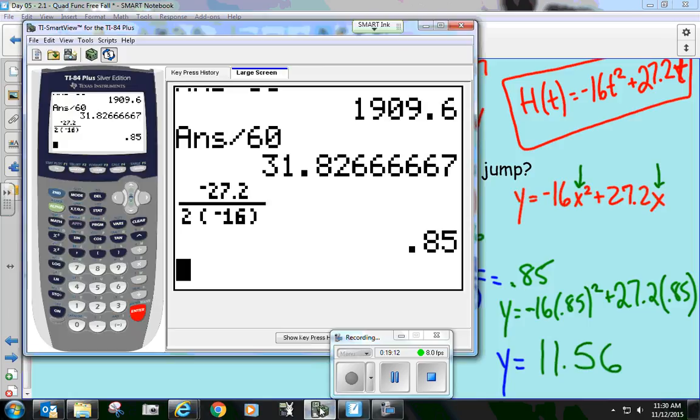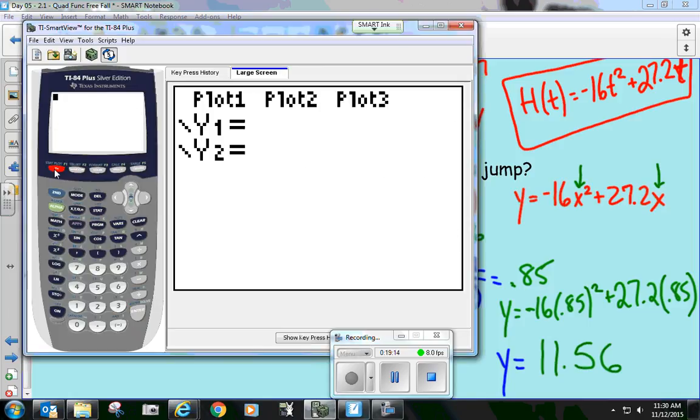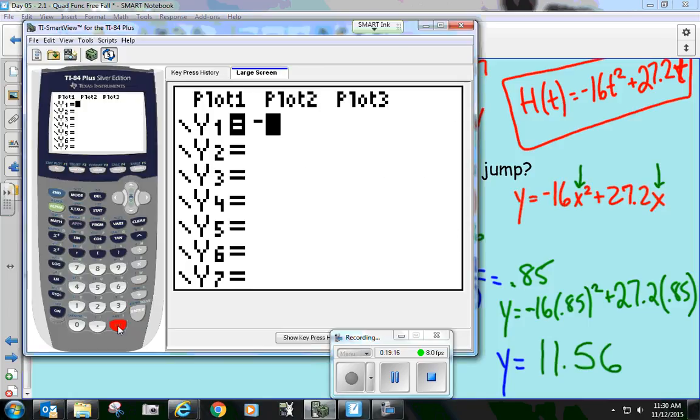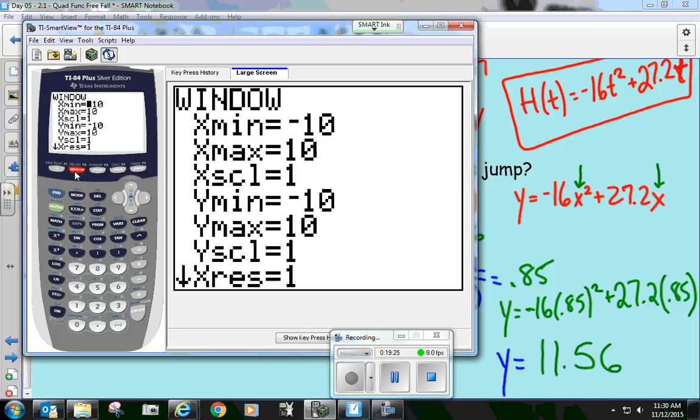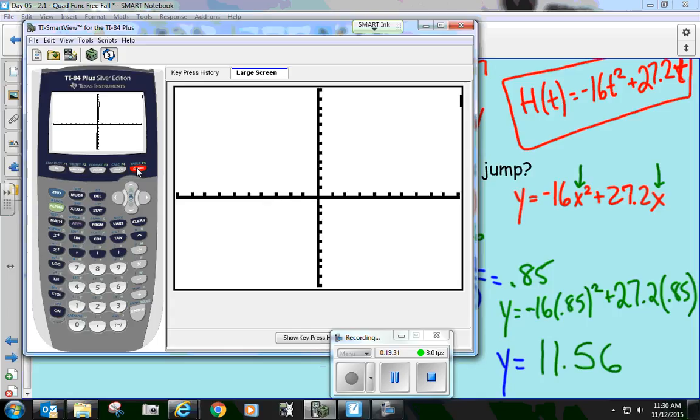Watch what we can do. Clear this out. I can go to y equals. I can put negative 16x squared plus 27.2x. And if I graph this, my window, how high do you say it went up to, about 11 and a half? We'll call this 12. And I graph that. If I use the max function for this, the x value should be 0.85, and the y value should be 11.56.